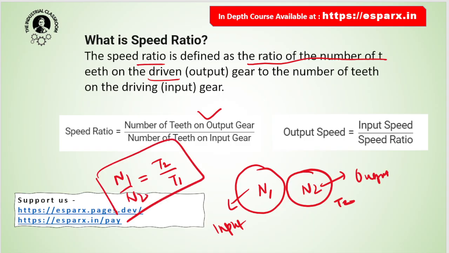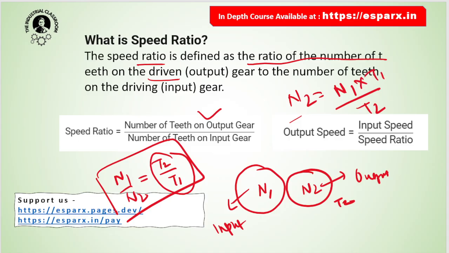So this is the formula that we have learned. Next, the output speed N2 will be equal to the input speed N1 divided by the speed ratio. The speed ratio can be termed as T2 by T1, so we can write T2 by T1, or T1 comes above. So this is the formula.